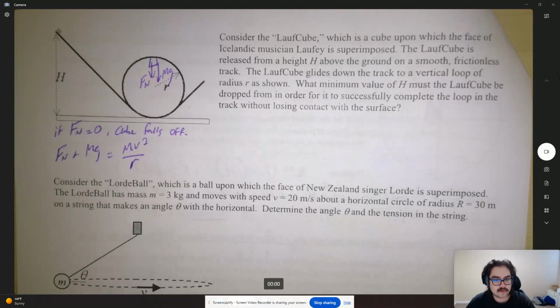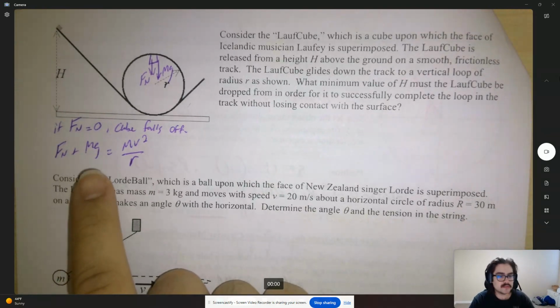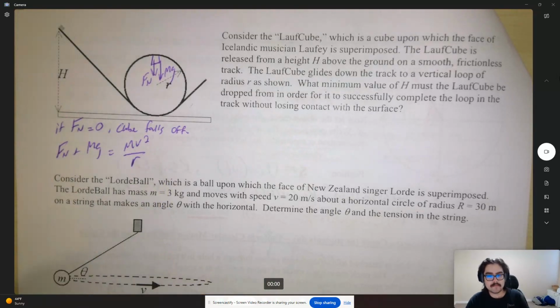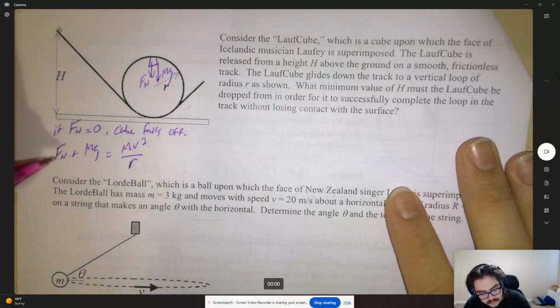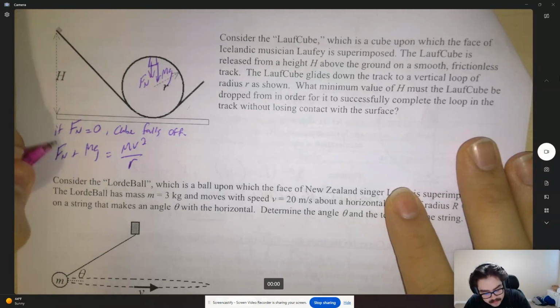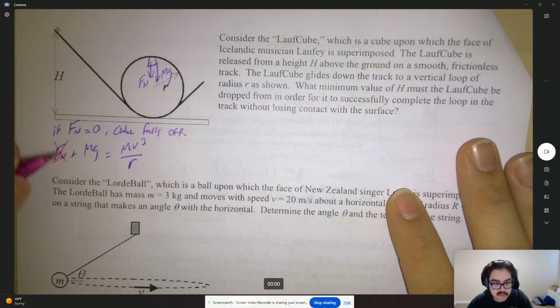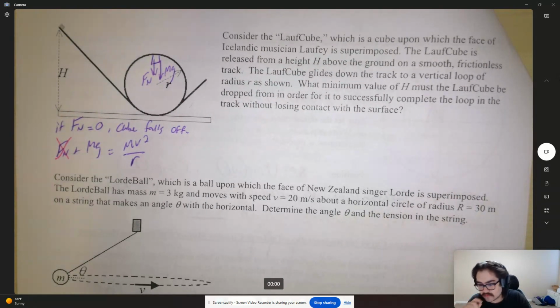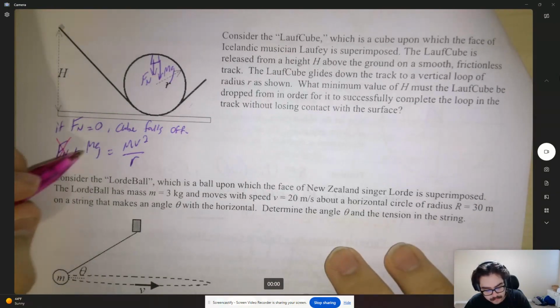Now notice that if F_N is equal to 0, the cube falls off. Well, that would give us our minimum speed. So I'm going to get rid of F_N, because if it is 0, the cube would fall off. This wouldn't be the minimum so much as just when it falls.